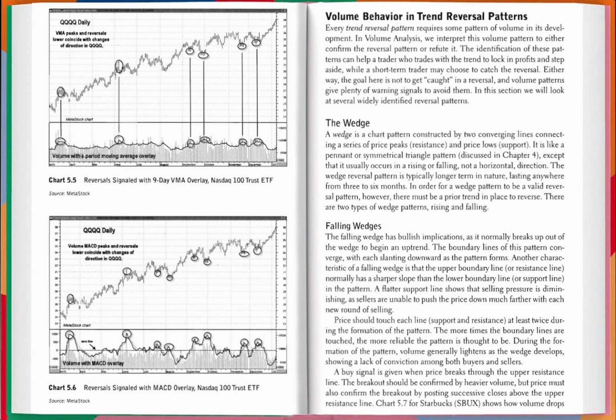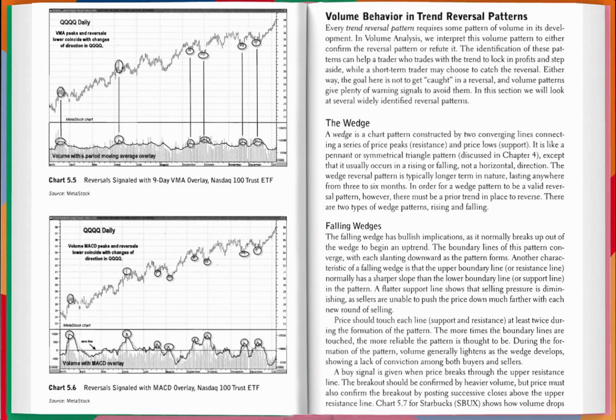A flatter support line shows that selling pressure is diminishing, as sellers are unable to push the price down much farther with each new round of selling. Price should touch each line's support and resistance at least twice during the formation of the pattern. The more times the boundary lines are touched, the more reliable the pattern is thought to be.